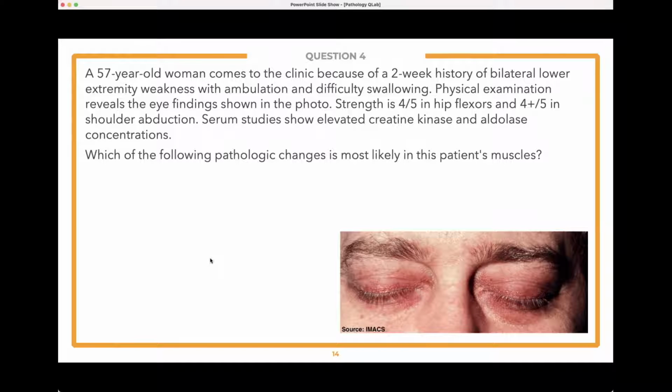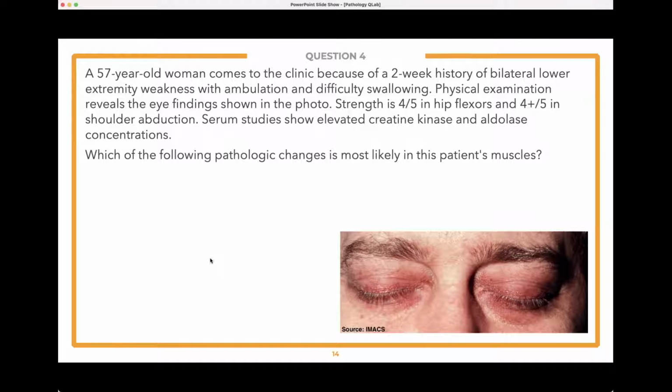A 57-year-old woman comes to the clinic because of a 2-week history of bilateral lower extremity weakness with ambulation and difficulty swallowing. Physical examination reveals the eye findings shown in the photo. Strength is 4 out of 5 in hip flexors and 4+ out of 5 in shoulder abduction.